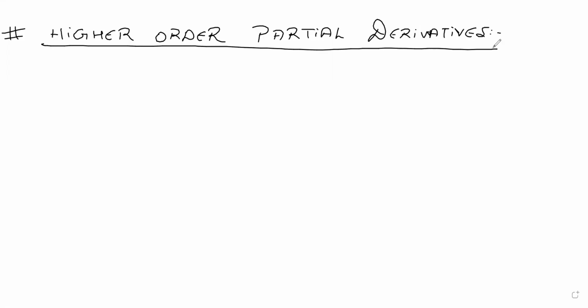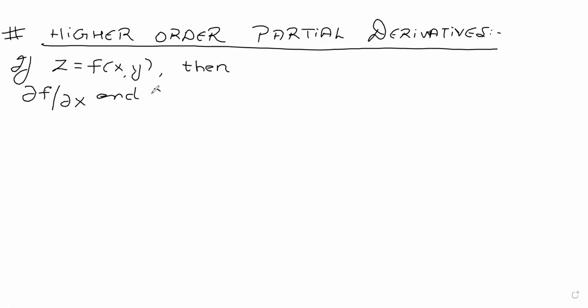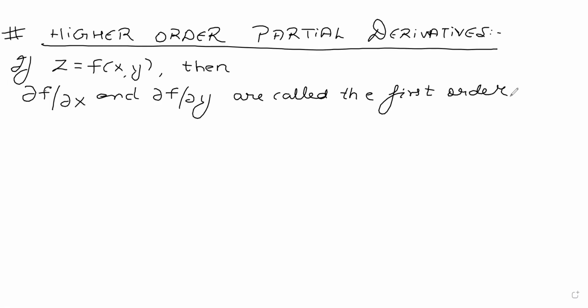Okay, so if z is a function of x and y, then del f by del x and del f by del y are called the first order partial derivatives. They are called the first order partial derivatives.